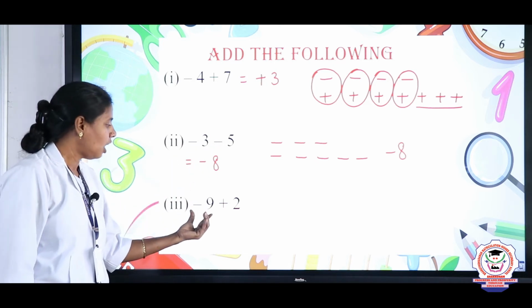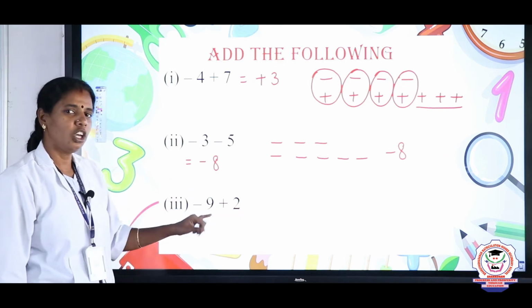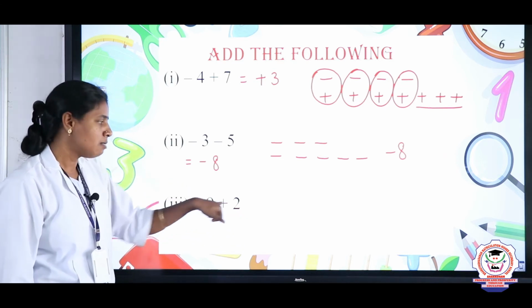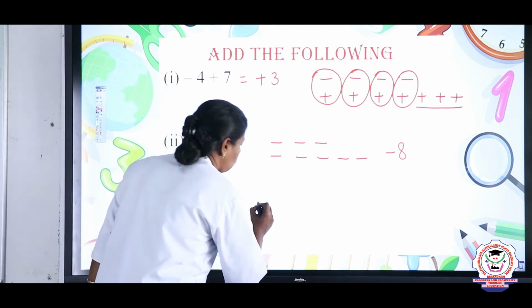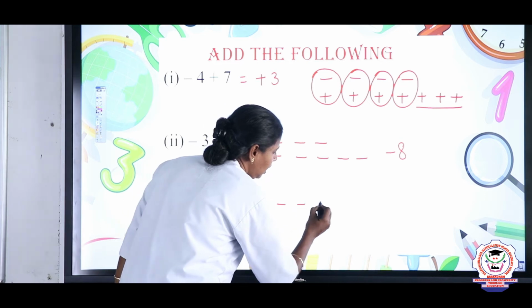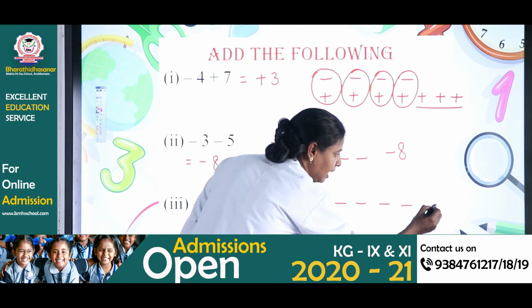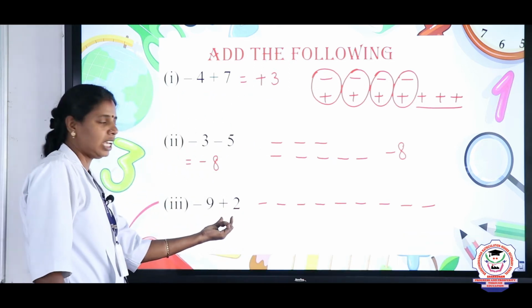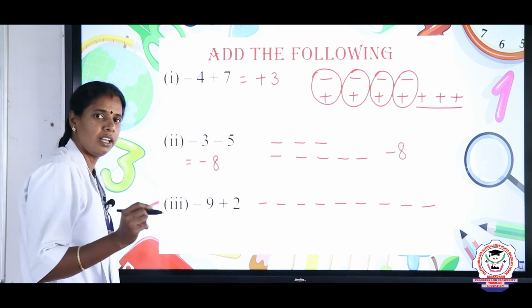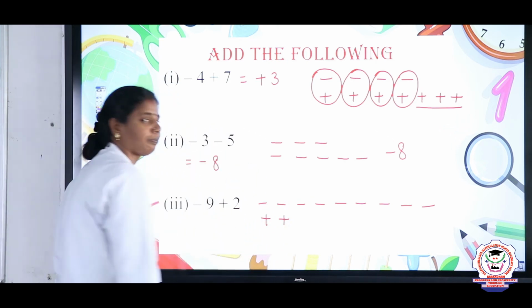Right? Now, the next example is minus 9 plus 2. So, you can answer this. How many times are we going to take negative signs? Yes, 9 times: 1, 2, 3, 4, 5, 6, 7, 8, 9. And see, plus 2. It is a positive integer, so how many times do we take the positive sign? Yes, 2 times: 1, 2.